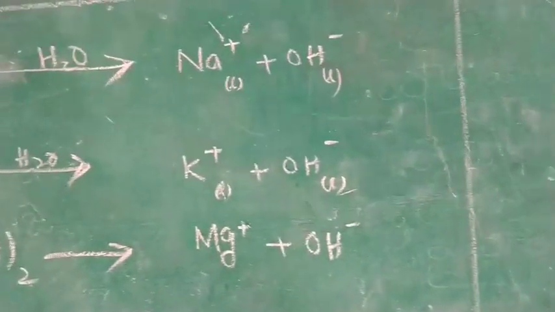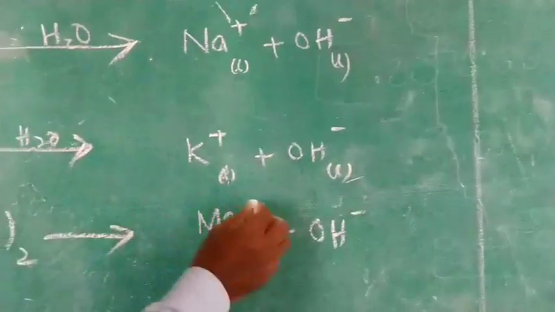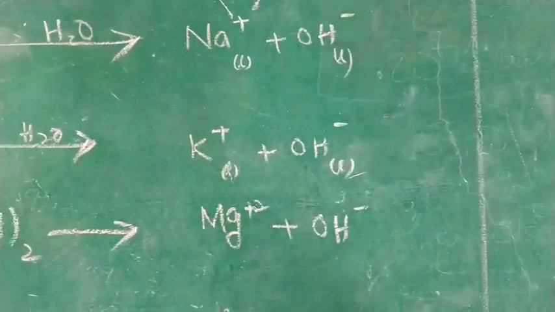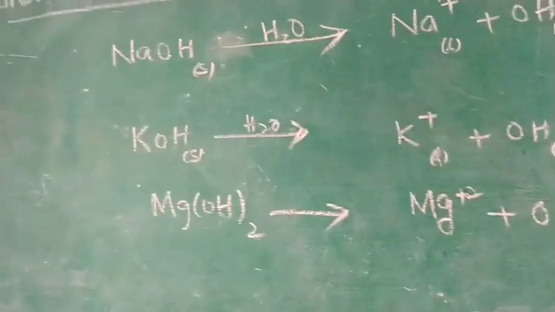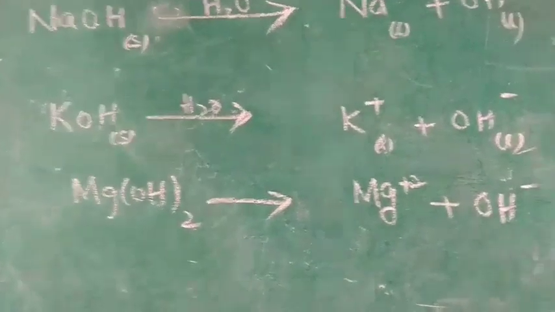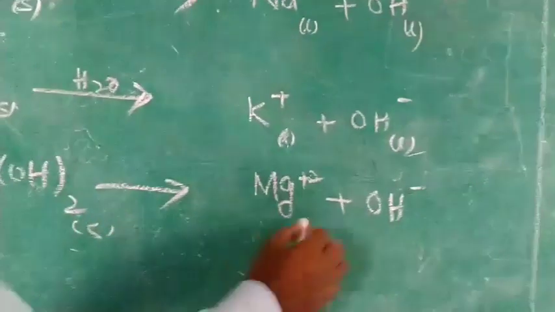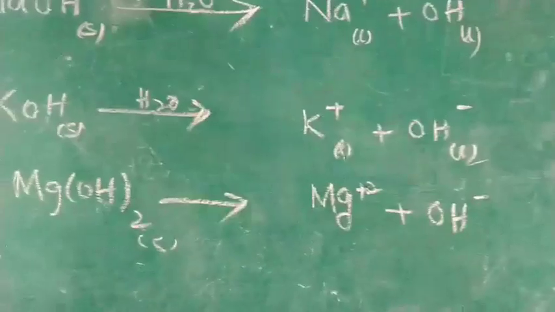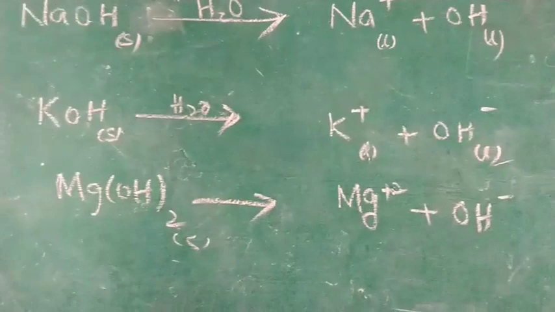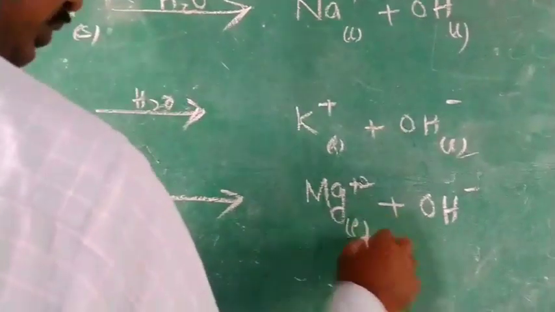How many ions are there for Mg? Here 2, Mg2 plus and OH minus ions are there. This is aqueous, liquid.